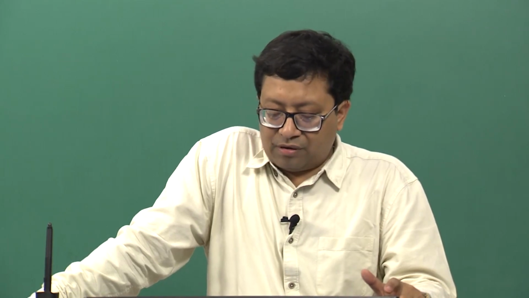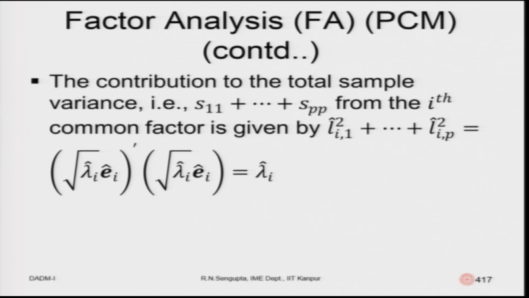So, this total sample variance, which is S11 plus S22 plus dot dot till SPP, from the ith common factor is given by this l_i. These are coming out from the values of lambda. They would be given by l_i1 squared plus l_i2 squared plus l_i3 squared till l_ip squared. Here p is in the suffix and the squares are on the l's, as the power.